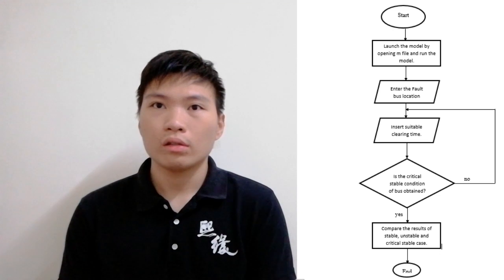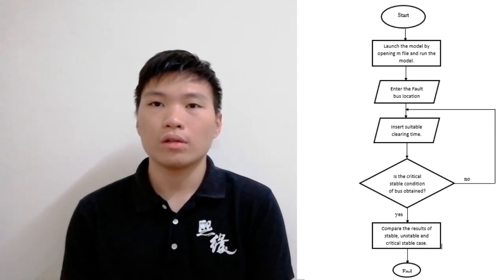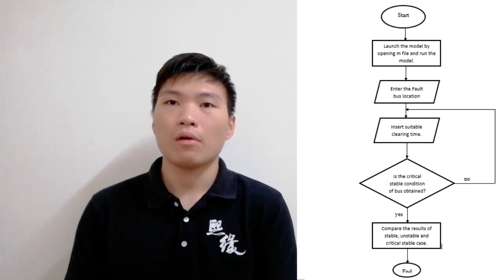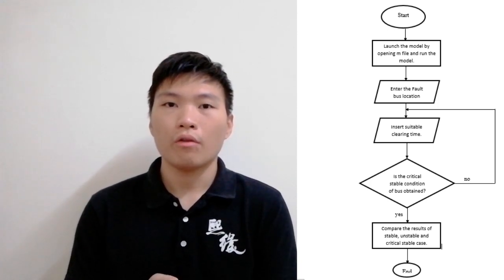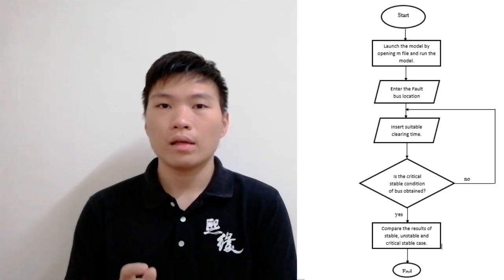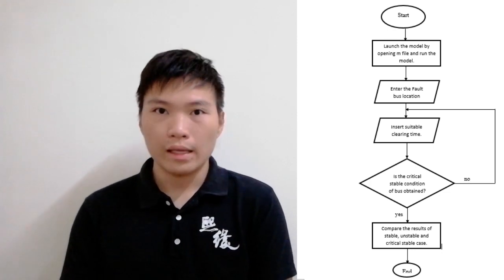This step is repeated until we find a suitable critical stable condition for the bus fault location. Then we are done. When we are done, we can compare our result of the critical, stable, and unstable condition of the bus fault location. That's all. Thank you.